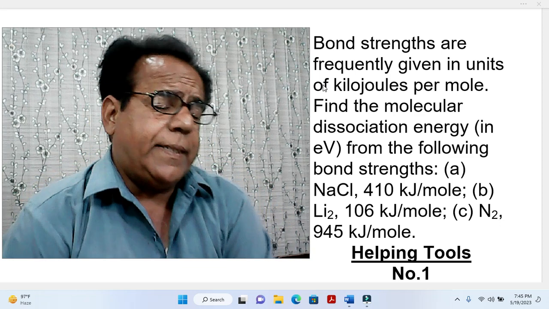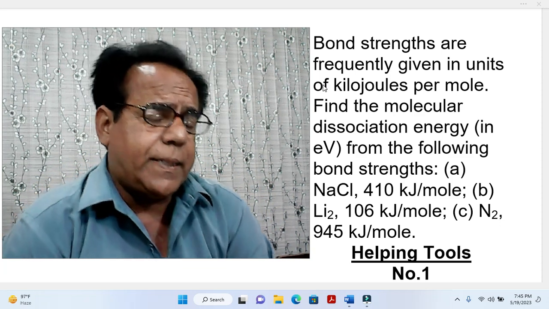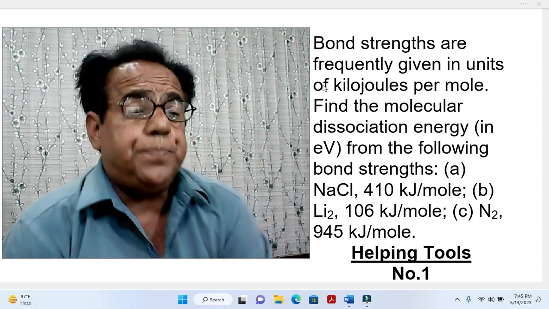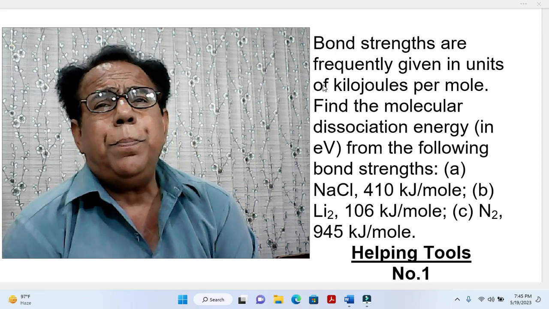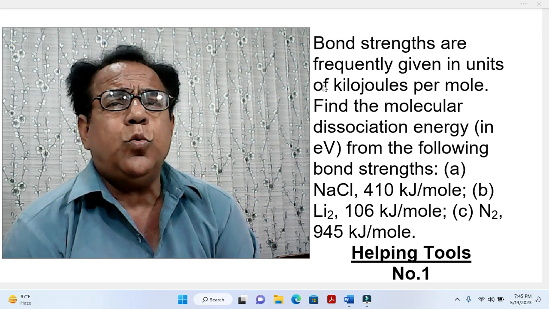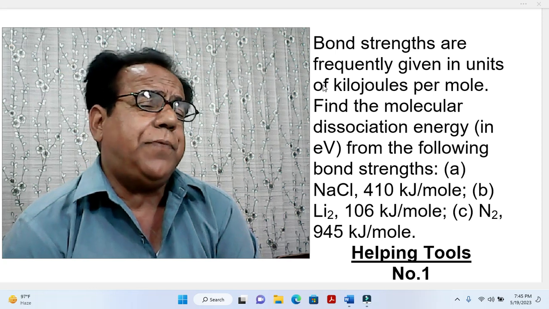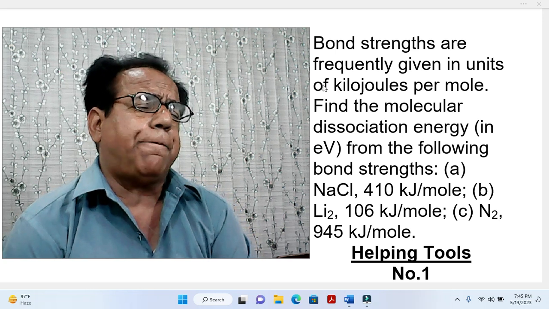Dear students, here three parts are to be solved. In this problem, we have just to apply conversion factors, nothing else.